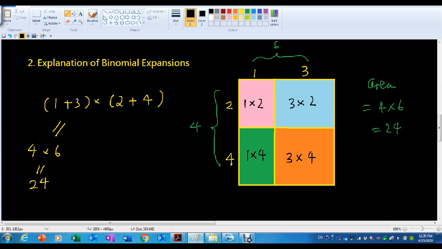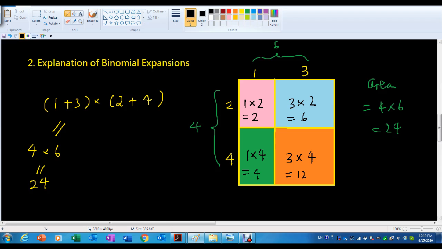So how about we add all 4 sub-rectangles together? They should have the same area as the total area of the biggest rectangle. Can you see that? 1 times 2 is 2, that's 4, that's 6, that's 12.